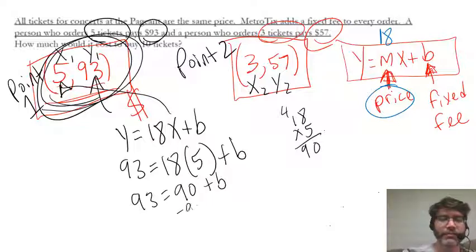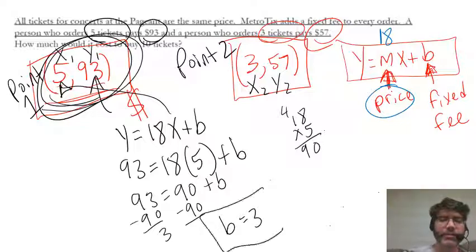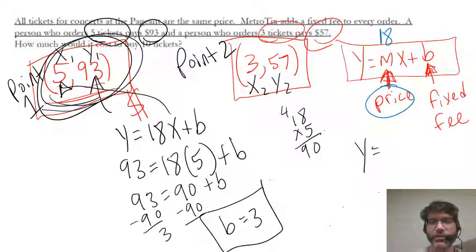I'm going to isolate b by subtracting 90 from each side, and 93 minus 90 is 3. So b equals 3. This is the fixed fee. That's what Metro Tickets charges you to buy tickets through their website. Okay, so now I have an equation. y equals 18x plus 3.